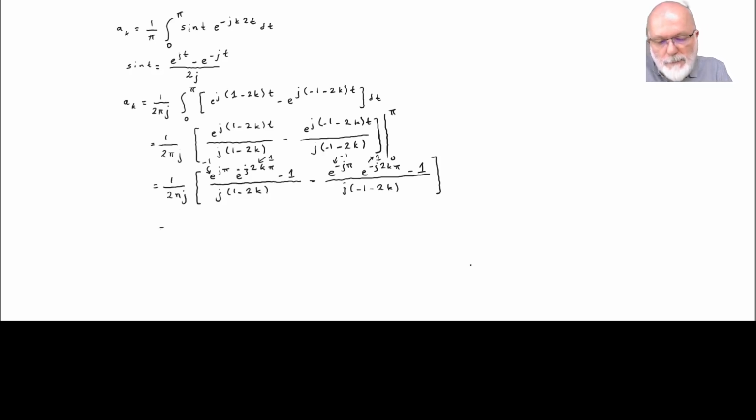So we will have 1 over 2 pi j, times minus 2 divided by j (1 minus 2k), minus, again minus 2 divided by j (minus 1 minus 2k).